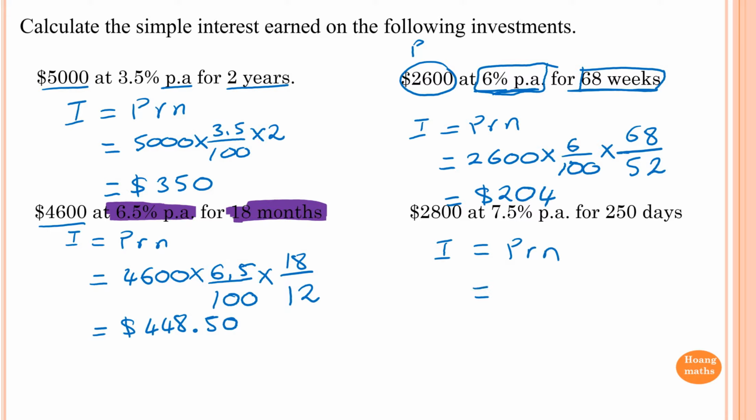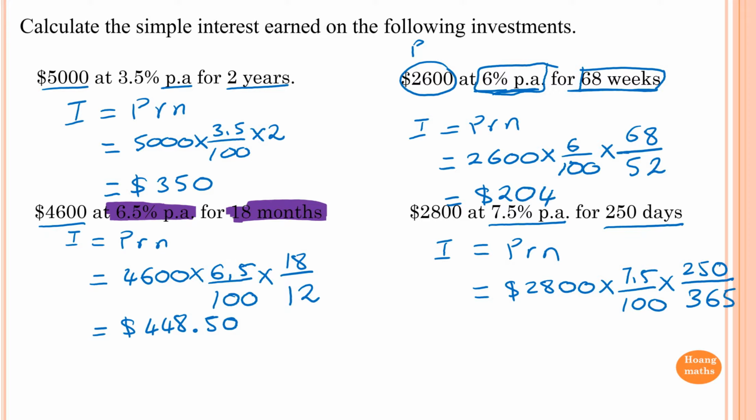The amount of money you invest is 2,800, I just put it in the formula, and you times by the interest rate, which is 7.5% per year, and you times by 250 days. Don't forget this is per year and this is days. So I have to times by 250 out of 365, because there are 365 days in a year.